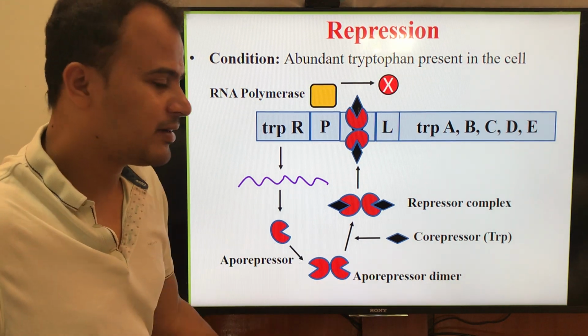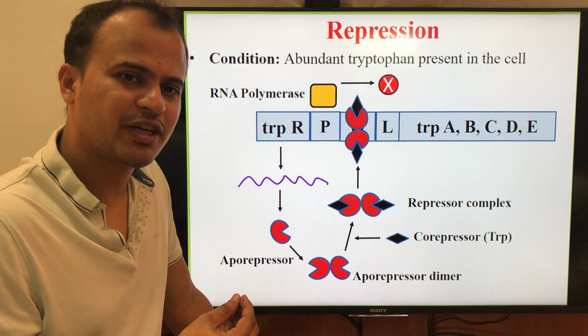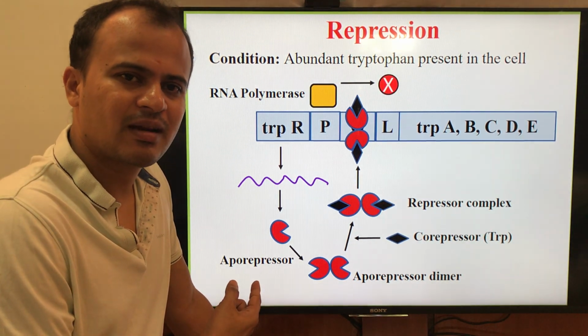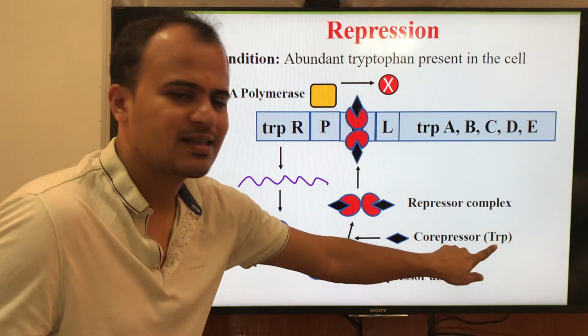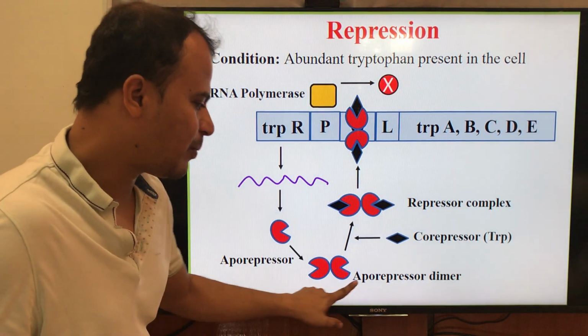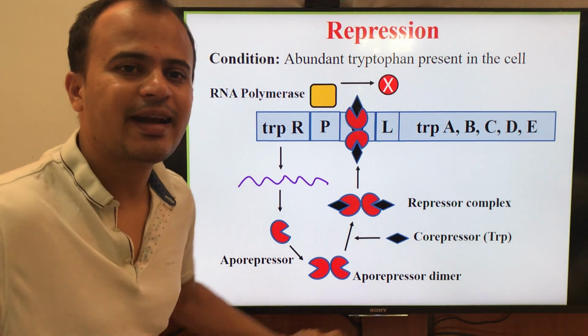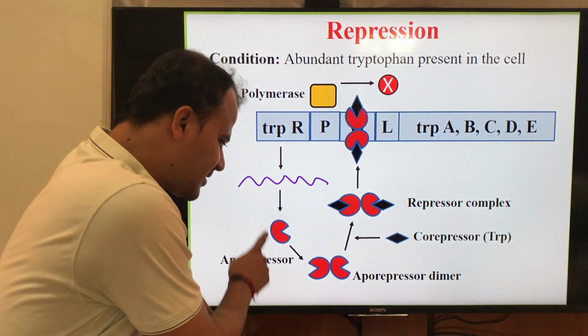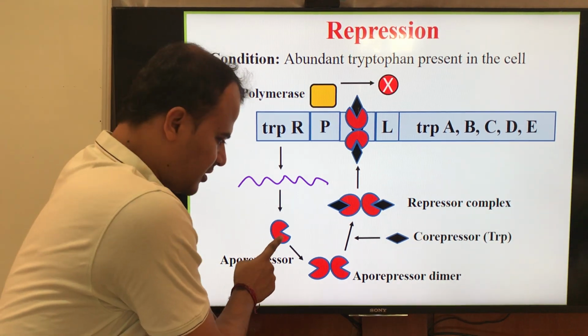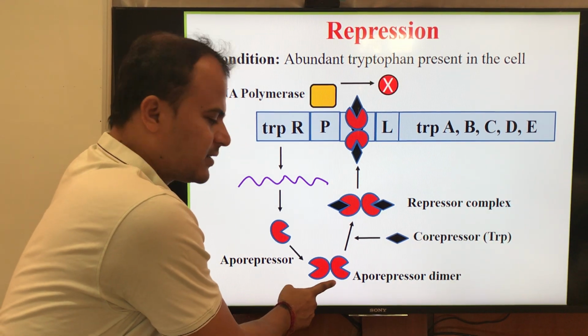Here it requires association with the corepressor. The corepressor, in this case, is tryptophan. The binding of tryptophan to the aporepressor dimer activates the protein. So you can see in this picture, there is aporepressor protein formation. Aporepressor undergoes dimerization.